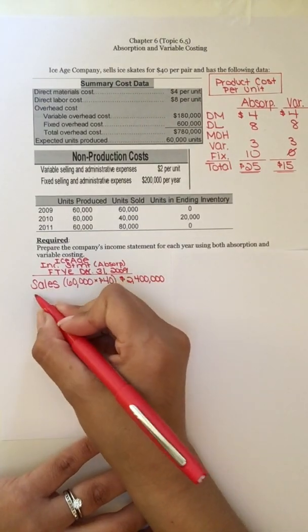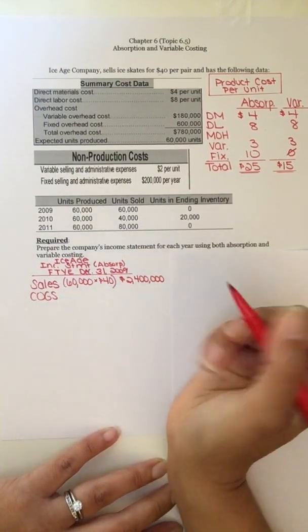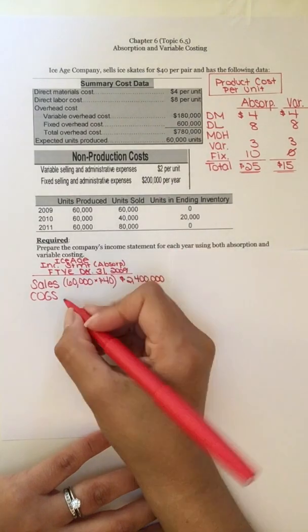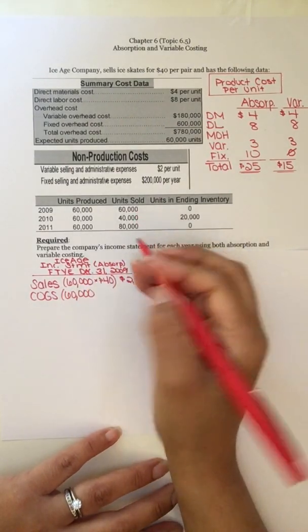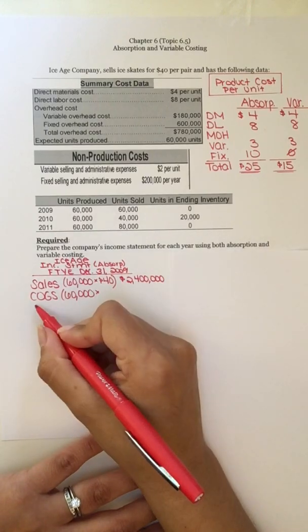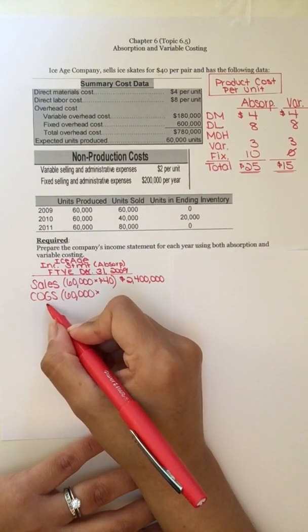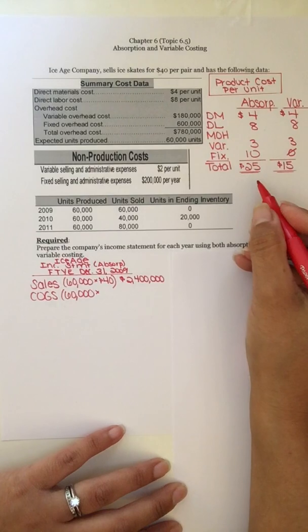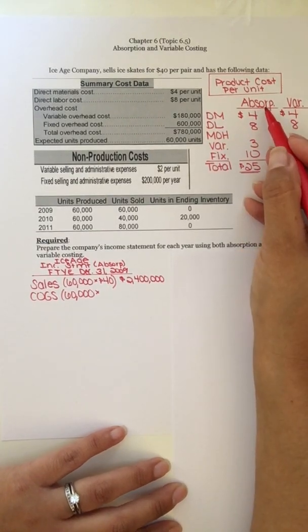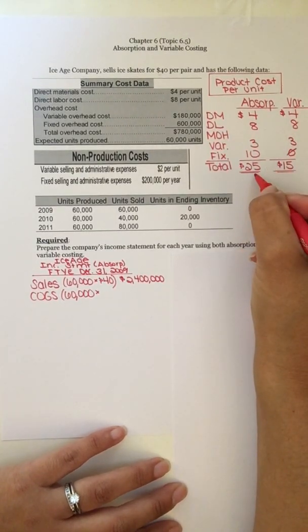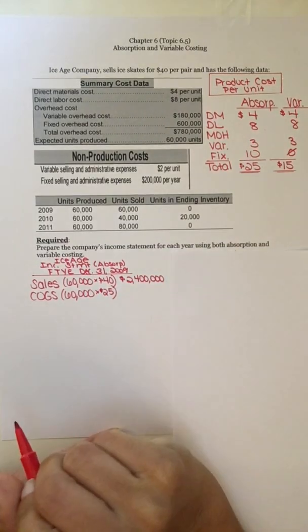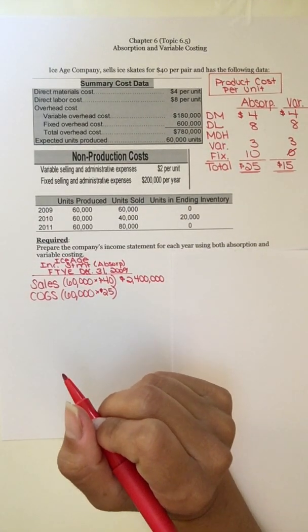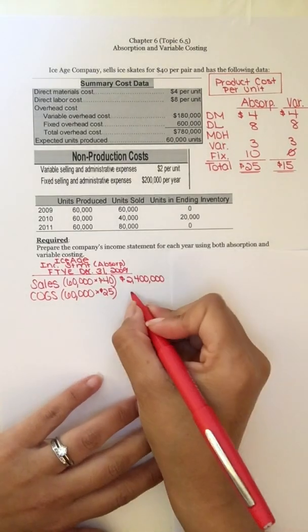Next, we have our cost of goods sold. It's calculated as the number of units sold, again 60,000, times the cost for each of those units. We already figured that out. We're doing the absorption method first, so your cost per unit is $25. You should get $1.5 million.